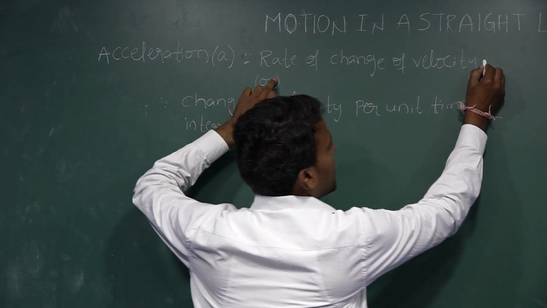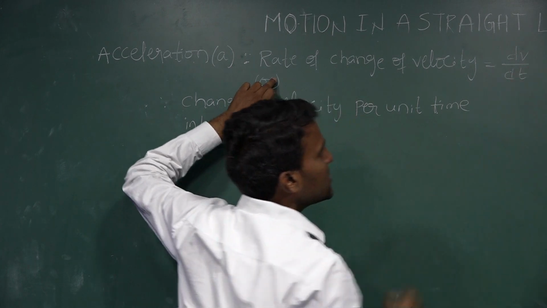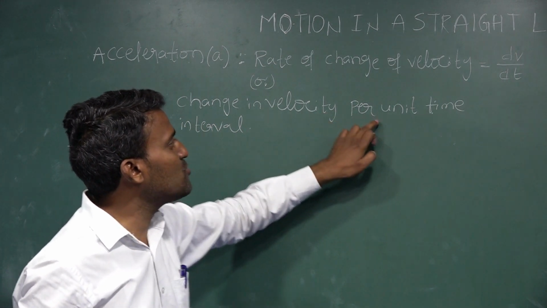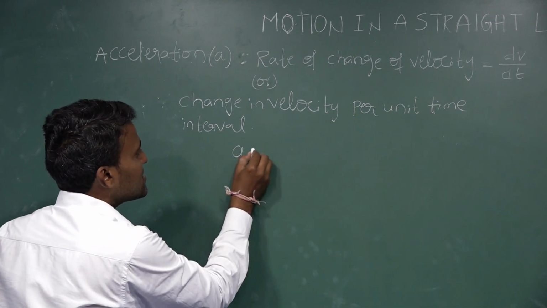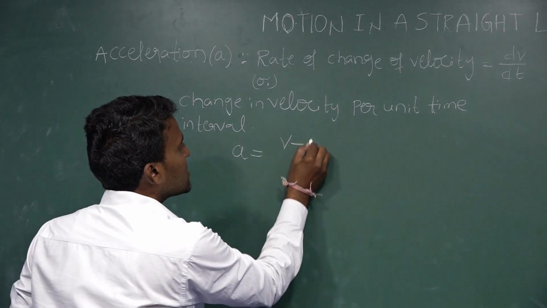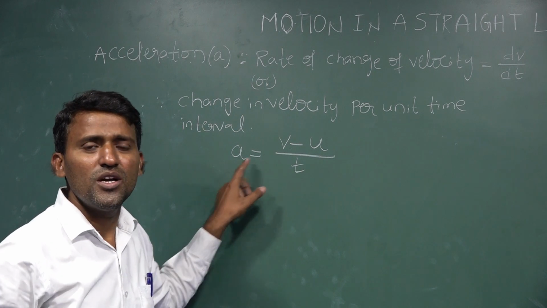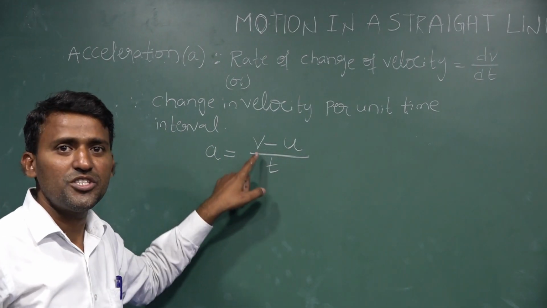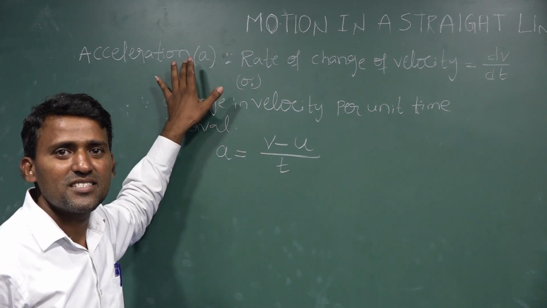For this you can write the formula dv by dt. And for the next one, change in velocity per unit time interval means A equal to v minus u divided by t. A is equal to v minus u divided by time t, isn't it? So change in velocity per unit time interval is called acceleration.